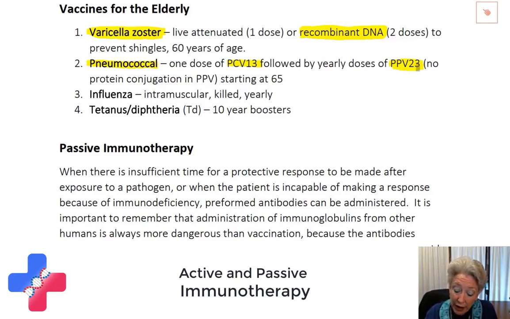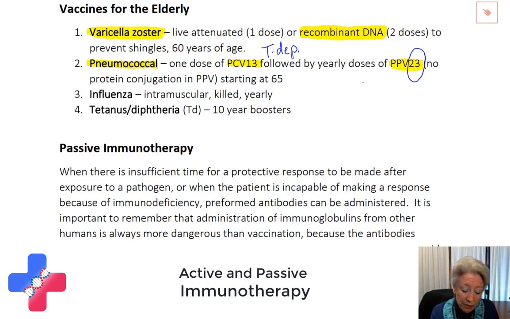The reason for that is that the one that has only polysaccharide has a much larger number of capsular antigens included. So we set up the response with a T cell dependent stimulation, and then we boost with purely the capsular material for the sake of getting a broader range of protection across multiple serotypes.